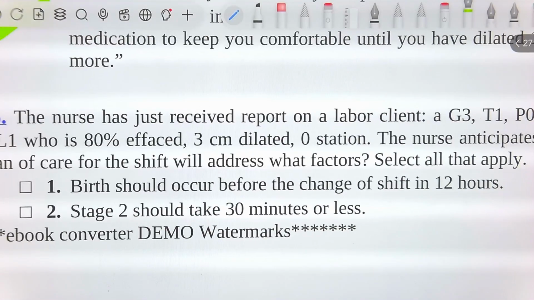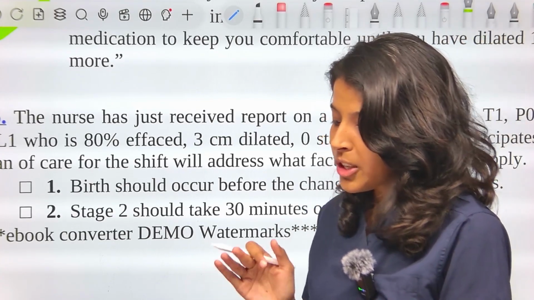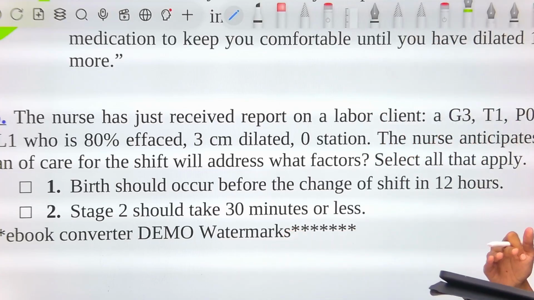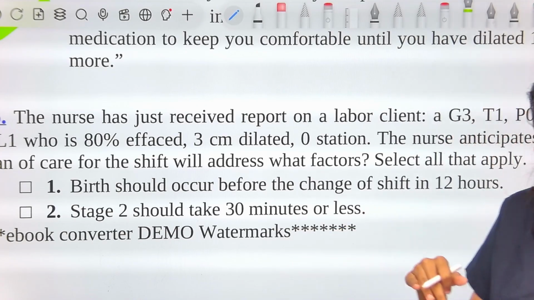Now let's read the next question. The nurse has just received report on a client in labor, G3T1P0AB1L1, who is 80% effaced, 3 centimeter dilated and 0 station. The nurse anticipates the plan of care for the shift will address which factors? It's again a SATA question and you have to select more than one option.